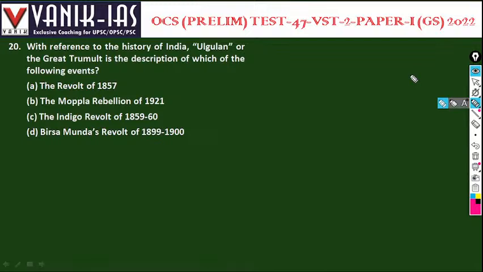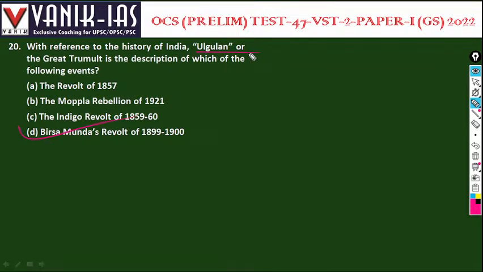Which refers to the history of India. Ulgulan, or the Great Tumult, is a description of which of the following events? The Great Tumult, that is the Birsa Munda revolt in 1890. You have the Birsa Munda revolt, the Santal revolt, during the Chotnagpur region.